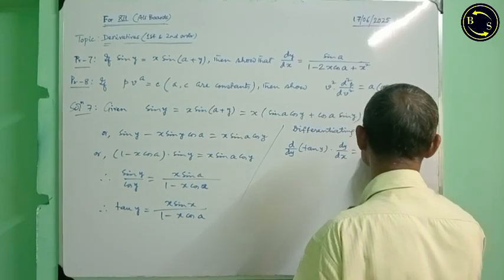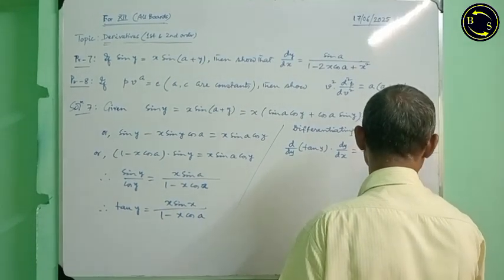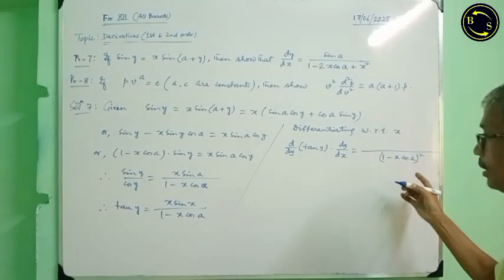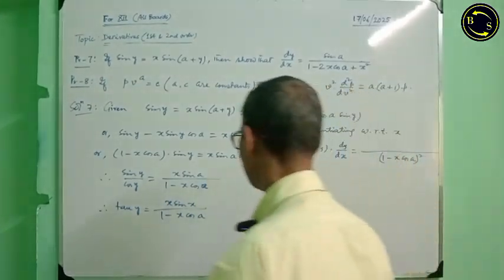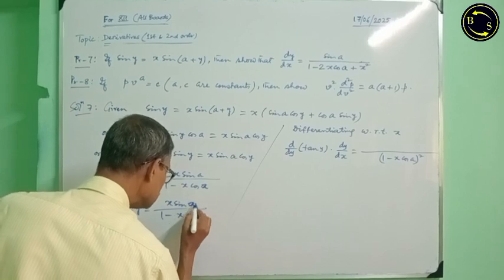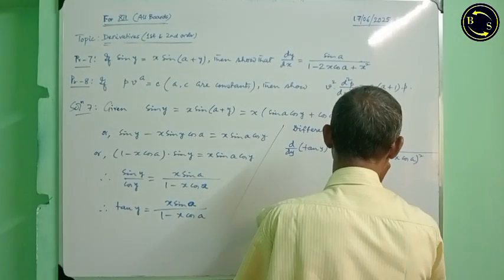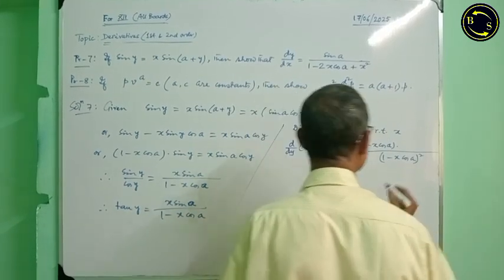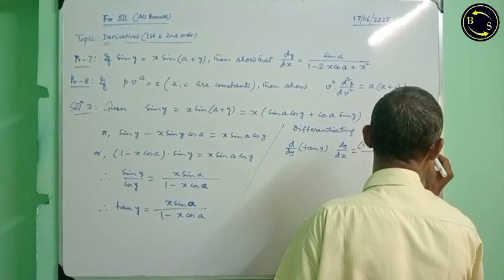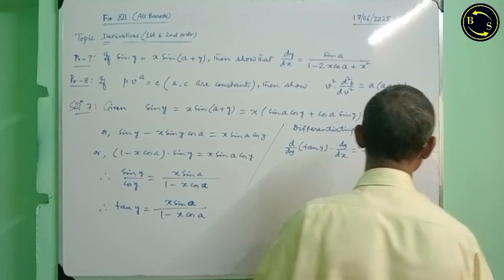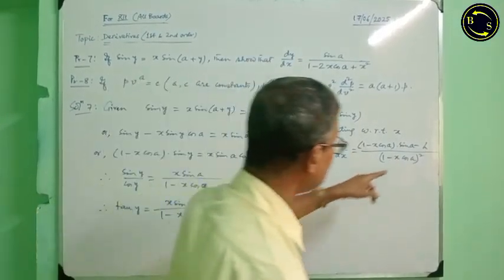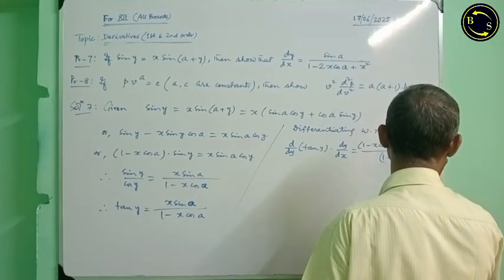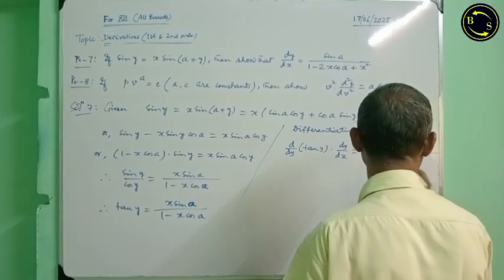Right hand side is u by v form: (1 minus x cos a) whole square in v square, then v into derivative of u, 1 minus x cos a into derivative of x sin a, minus, I write at the top here, x sin a into derivative of 1 minus x cos a.